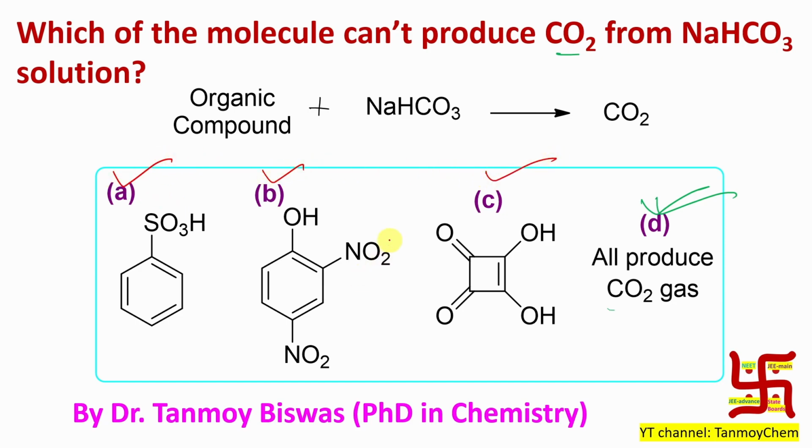That is the reason I have selected this. So you should remember these options. Compared to carboxylic acids like acetic acid, squaric acid and nitrophenol are stronger acids. Even trinitrophenol, 2,4,6-trinitrophenol, picric acid, is an even stronger acid. So that can also produce carbon dioxide from sodium bicarbonate solution.